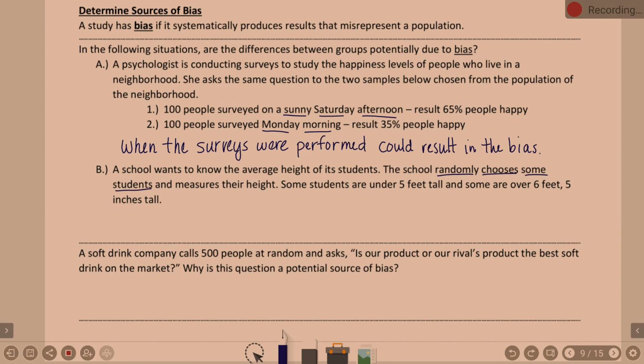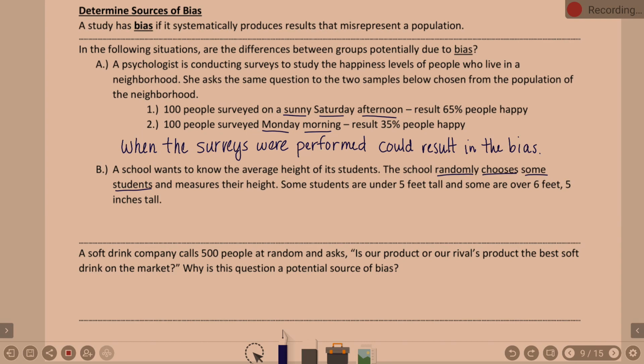No. It just said they randomly chose some students. So whether looking at a class list or standing at the front door, the key is they just randomly chose some students. So is there a bias here? No, it's just life, right? There's just a natural difference. Some people are tall, some people are short.